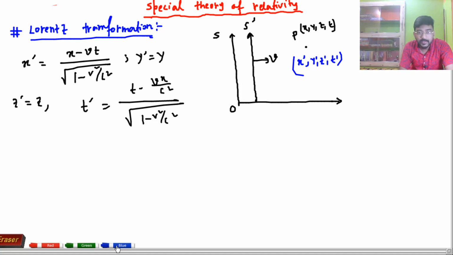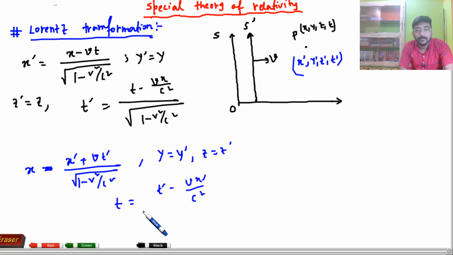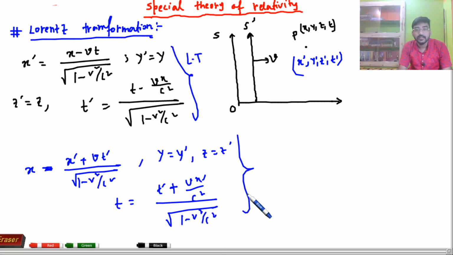In that case the relations will be x is equal to x dash plus vt dash upon root 1 minus v square upon c square, y is equal to y dash, z is equal to z dash, and t is equal to t dash plus vx dash upon c square divided by root 1 minus v square upon c square. So if these are the Lorentz transformation equations, then these are the inverse Lorentz transformation equations. So you have to remember these formulas.